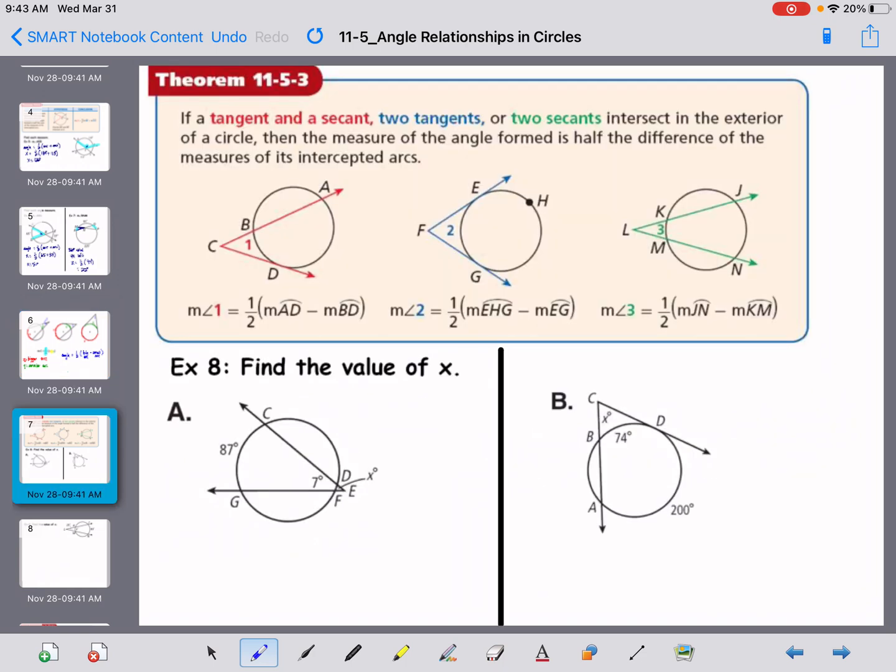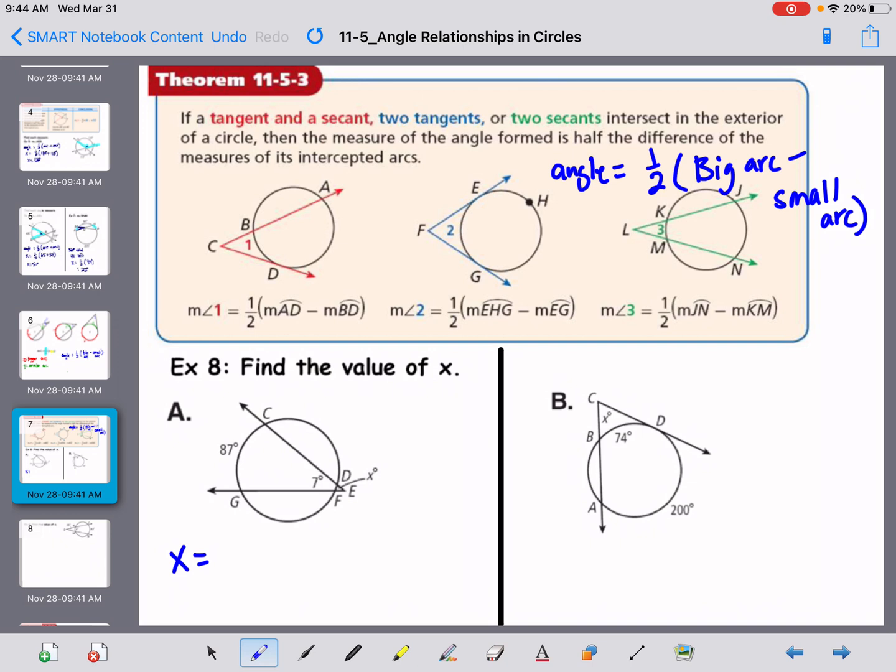So here's how we do these problems. For example 8, I want to find the value of X. So X is an angle outside the circle. So here's the formula I want you to look at. Angle equals half of the big arc minus the small arc.